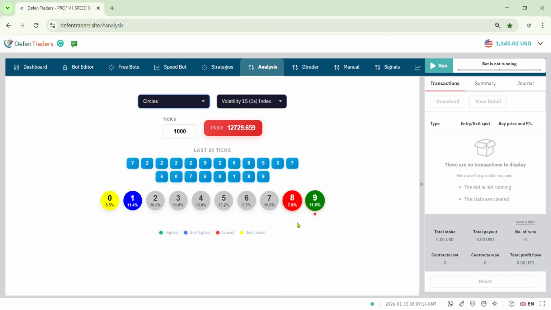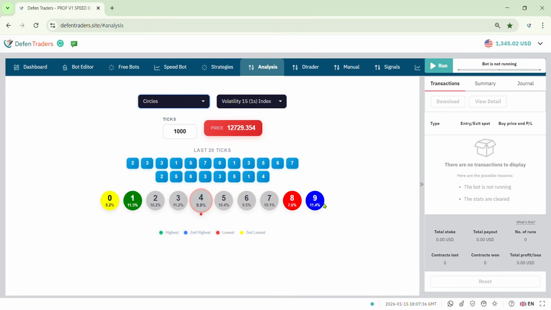Another thing you must understand is that when digits get powered and increase in percentage, they reach what we call a limit. Understand that digit 9 will not stay there having the green bar for long.